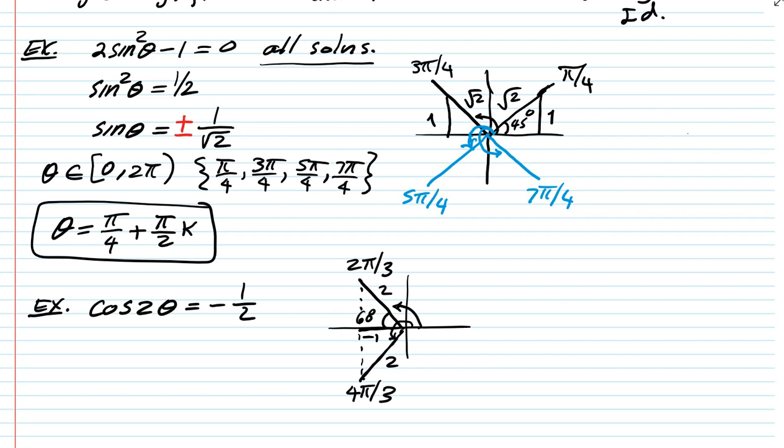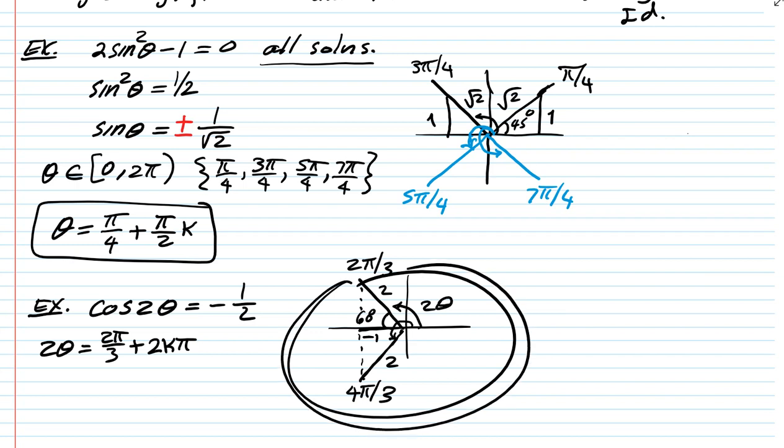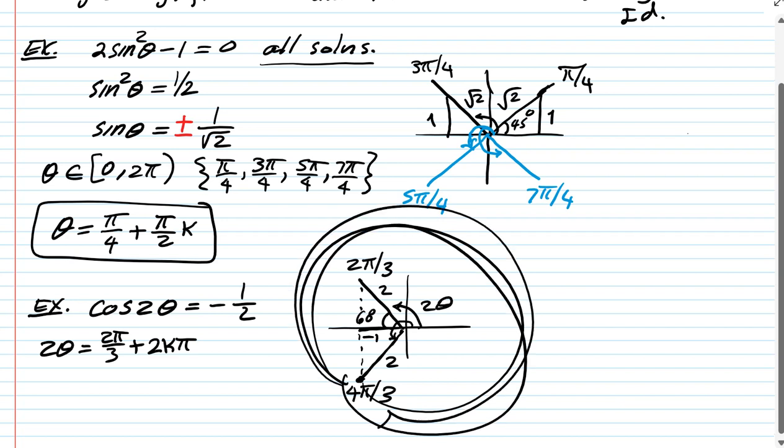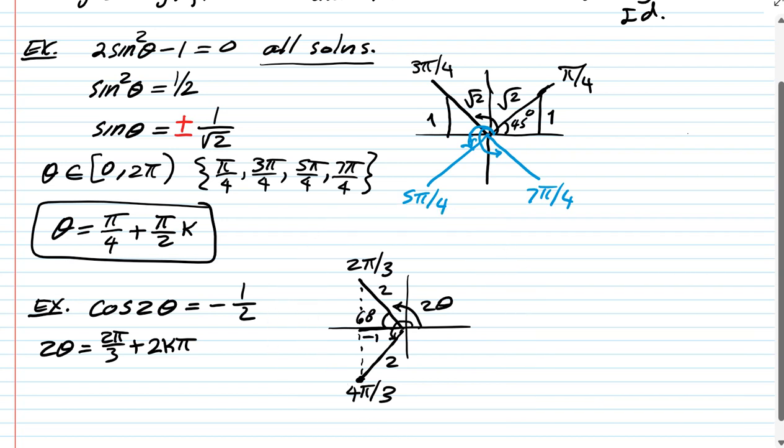And therefore, now I want the solution in 0 to 2 pi. So here's how we do it now. Because this is the measure of angle 2 theta, I'm going to say 2 theta, the measure of the angle, is going to be 2 pi over 3, and then every 2k pi for all the subsequent rotations around the circle. And then at 4 pi over 3, and then all subsequent rotations around the circle.